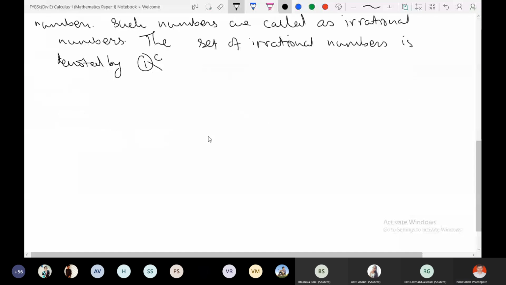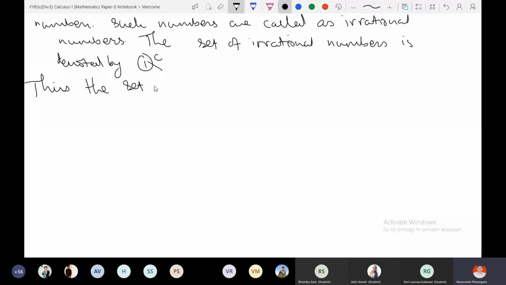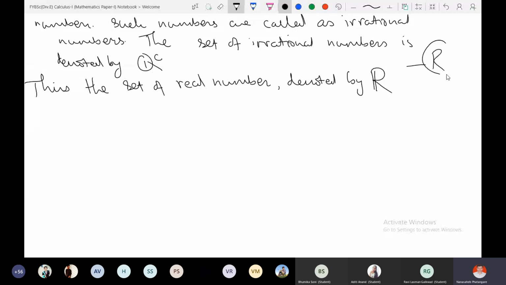Thus the set of real numbers is denoted by this special symbol. You should remember this symbol, and this is not the same as our usual R. You have to be very careful when using the symbols.